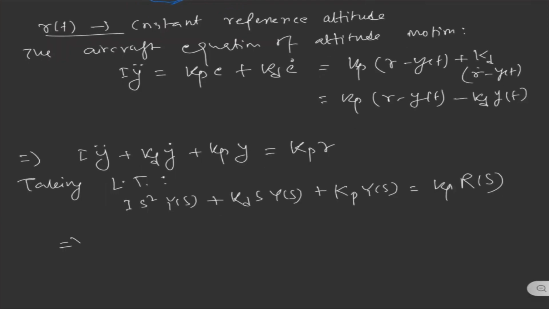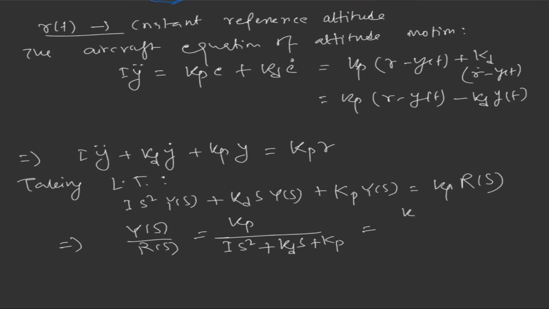And further we can write Y of s divided by R of s equal to Kp divided by I s square plus Kd s plus Kp.